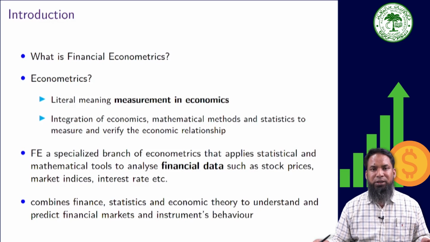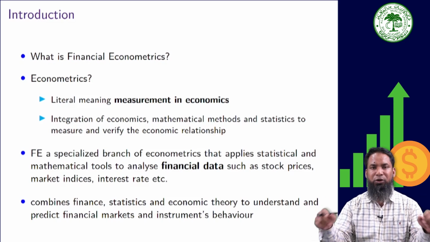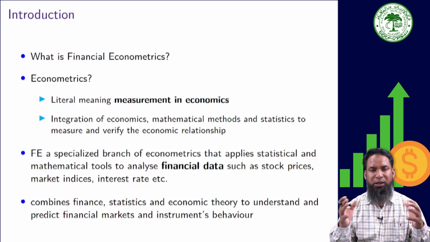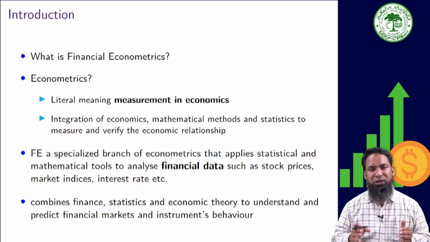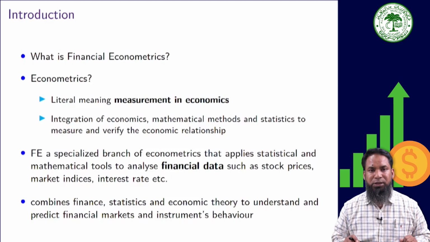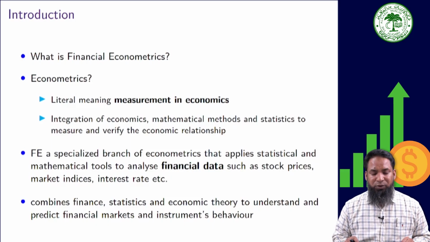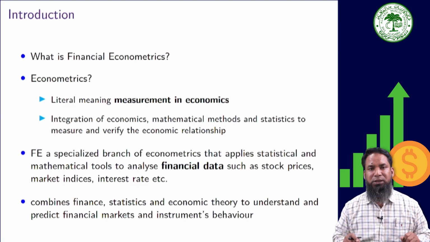This term is made of two terms, that is econ and metrics, and the literal meaning of this term is measurement in economics. So basically econometrics is an amalgam of three different subjects, that is economics, mathematical methods and statistics, for the purpose to verify and measure the economic relationship.